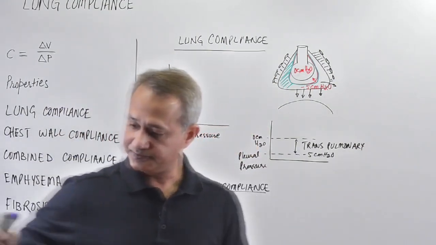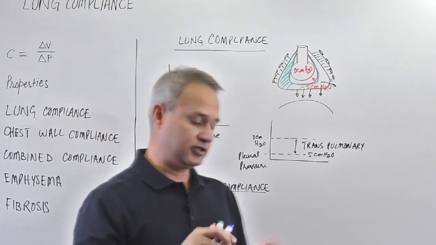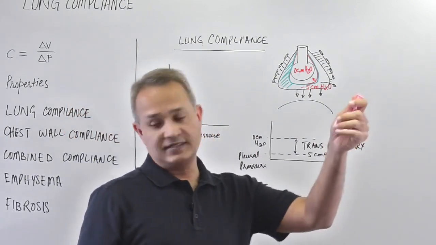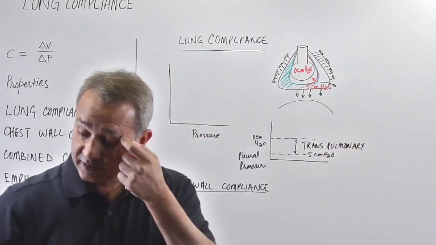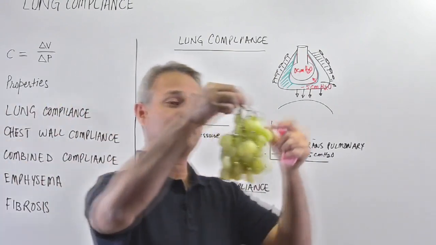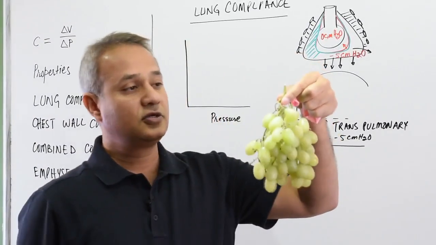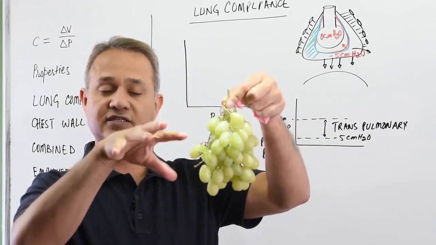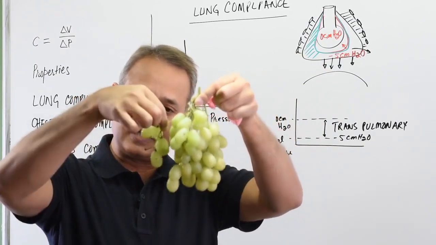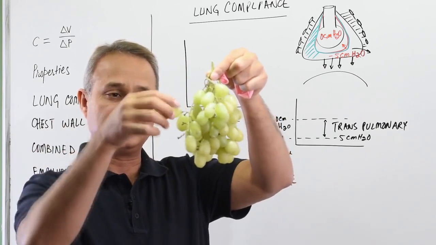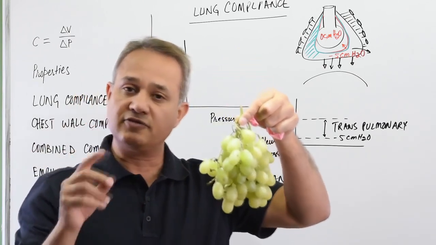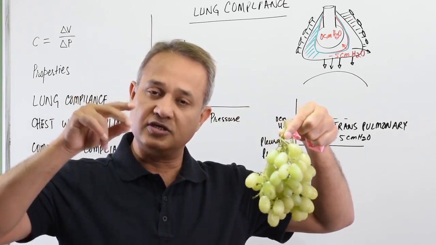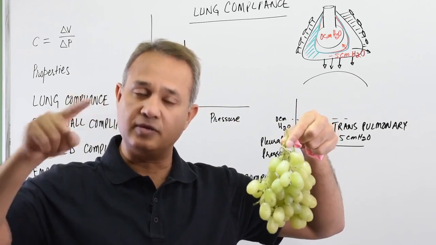So first of all, let's take this alveolus, or let's say this is a lung. And even before that, going to my favorite grapes over here. Imagine this is the airway. The airway comes in and bifurcates. This is not a good example of the airways because the branches here are many. In the airway, the branches are always two from each one branch.